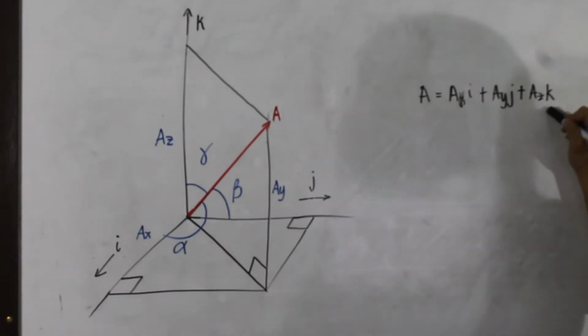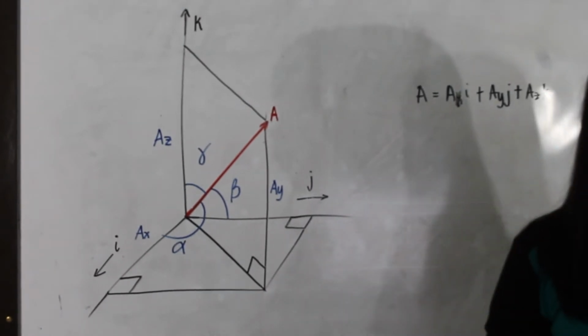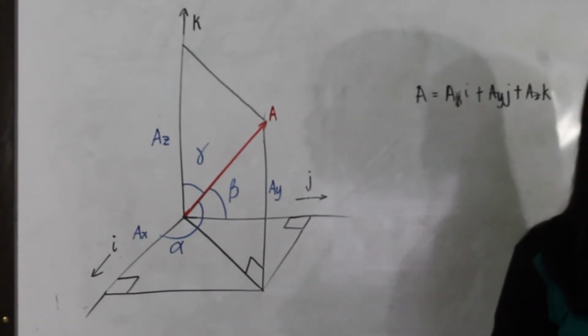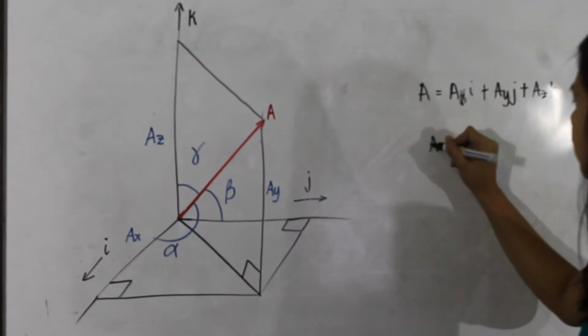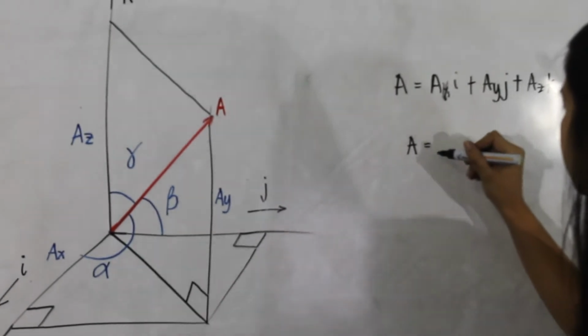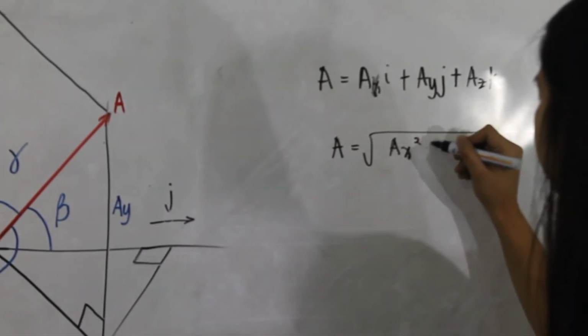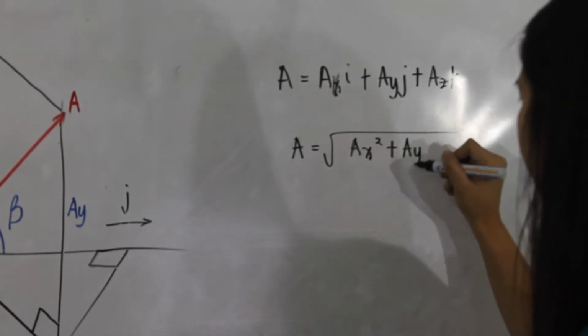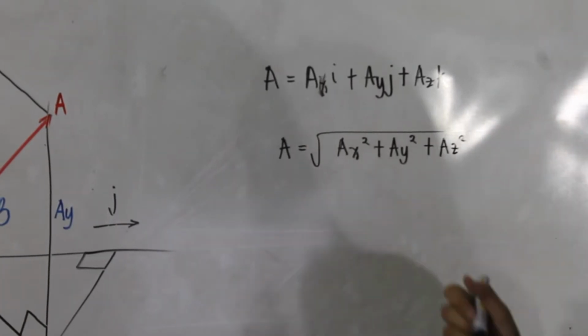Now, this is the formula for our vector A. And then for the magnitude, just square each component without their directional unit, add all of them, and after that, get the square root. We have A equals the square root of A sub x squared plus A sub y squared plus A sub z squared.